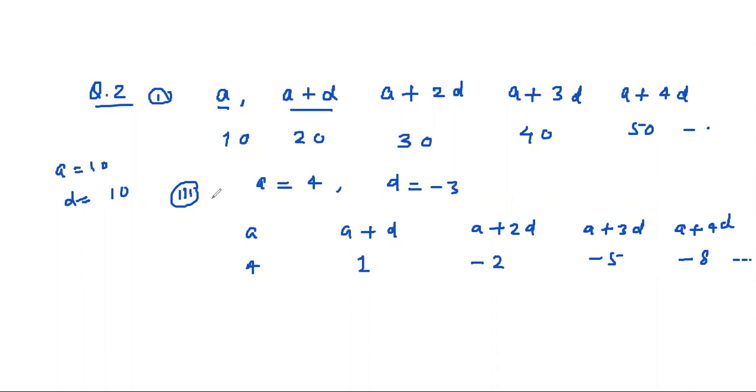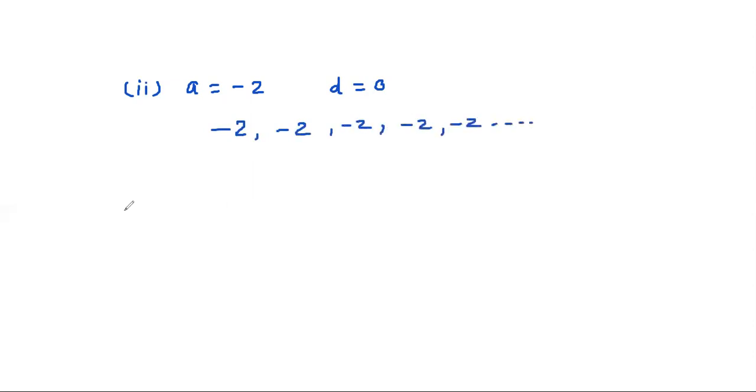This was the second part. Now let's go to the third part. The third part is A equal to -2 and D equal to 0. Here there is no increment, so each term will remain the same: -2, -2, -2, -2, etc. And then let's go to the fourth part. The fourth part is A equal to -1, then D equal to just half.